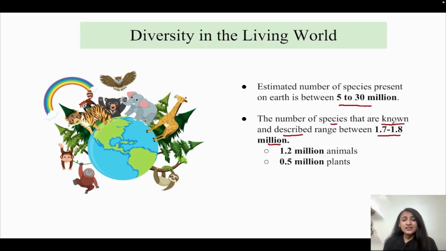Only this amount of species are known, but the number of species estimated to be present on Earth is vast. Among the species that are known, there are 1.2 million species of animals and 0.5 million species of plants.